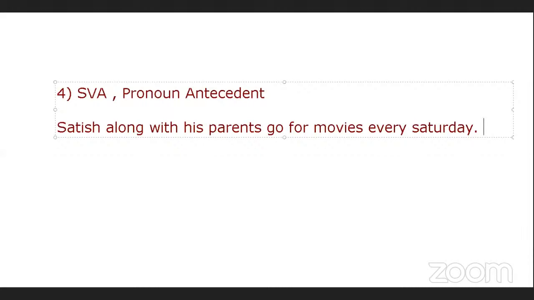Yes, only Satish. Why? Because when you have something like along with, you have to go with the main subject. That's the rule that we had followed earlier. When you have words like along with, you are supposed to use the word which comes before along with. So Satish is the main subject, and we'll consider only Satish. We will in fact neglect this entire part.